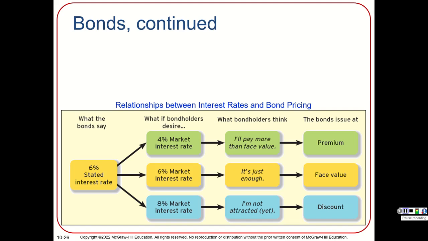In reporting bonds, the total face value of a bond plus any related premium in the green scenario, or minus any related discount, which is the blue scenario, is reported in the liability section apart from the actual face value of the bond.